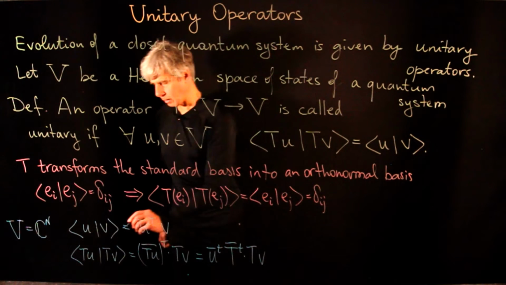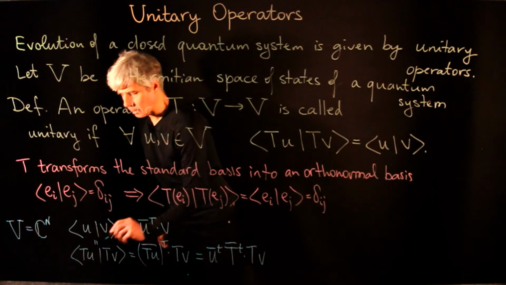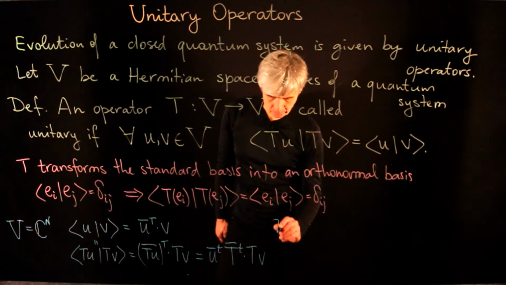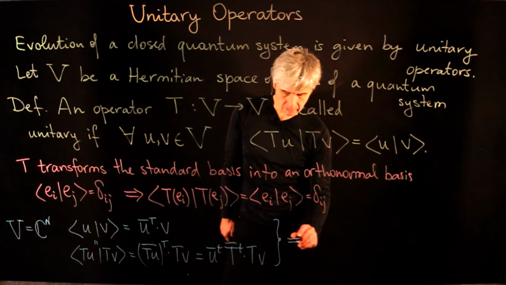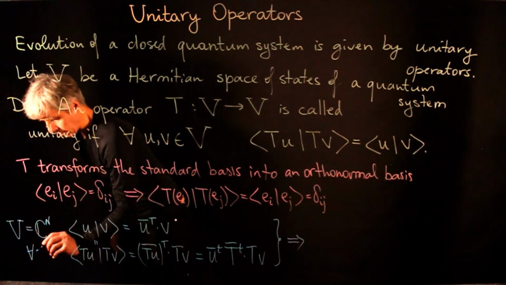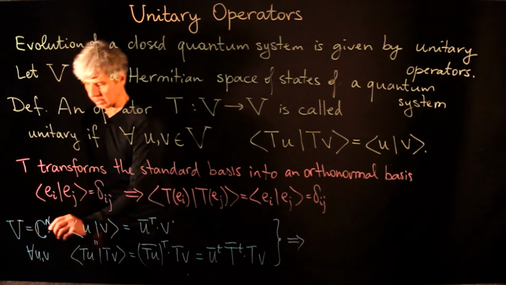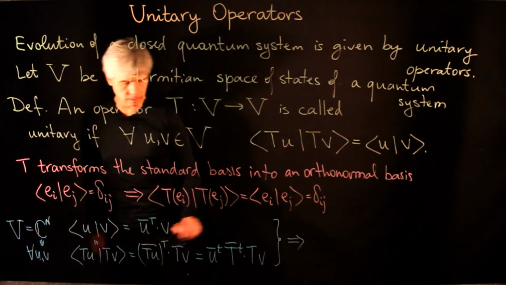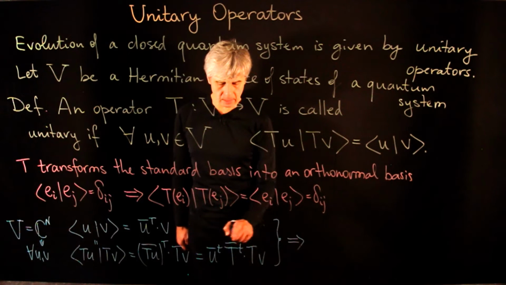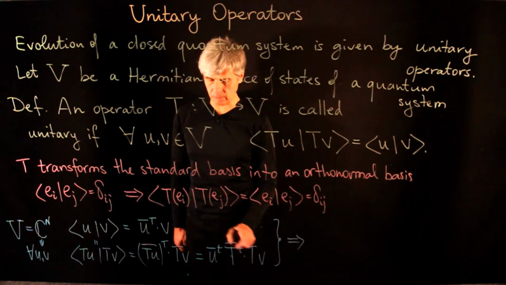And if T is unitary, these two things are equal. Since this holds for all u and v in C^n, this implies that the matrix in the middle must be the identity matrix.